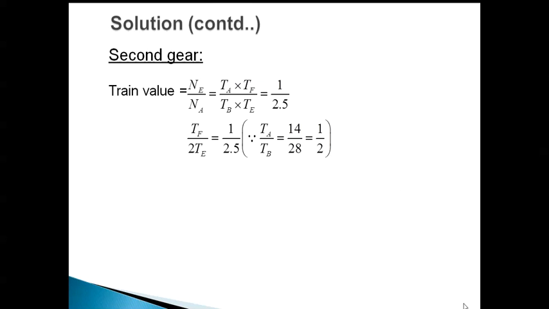So for the second gear, train value NE by NA equal to. So in second gear, what happens? To get the second gear, the first gear will be disengaged.